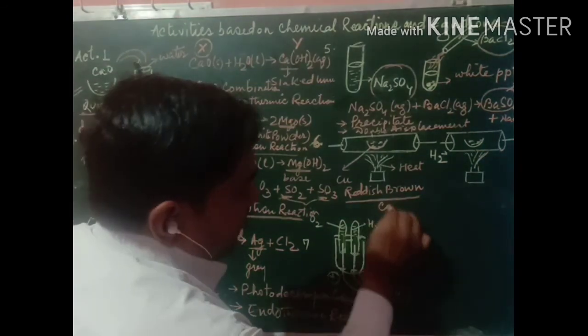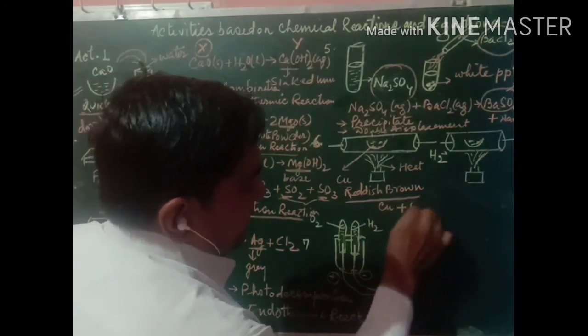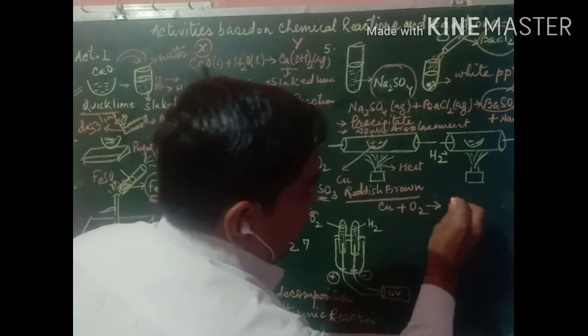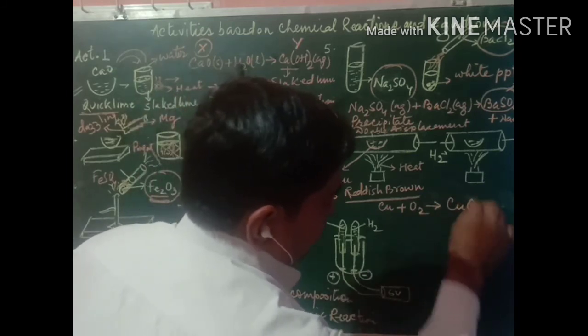When the copper is heated with oxygen, a black substance is formed, that is copper(II) oxide.